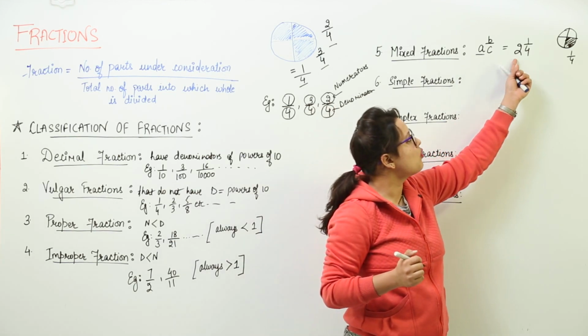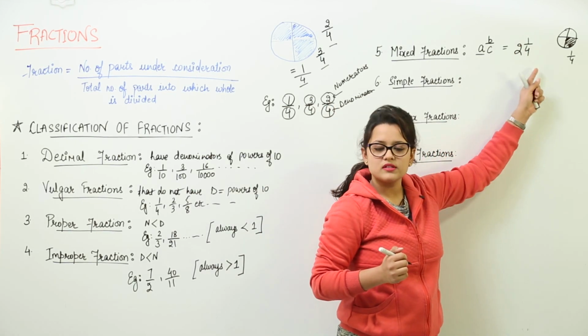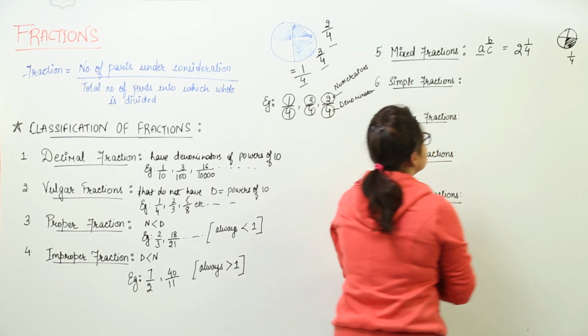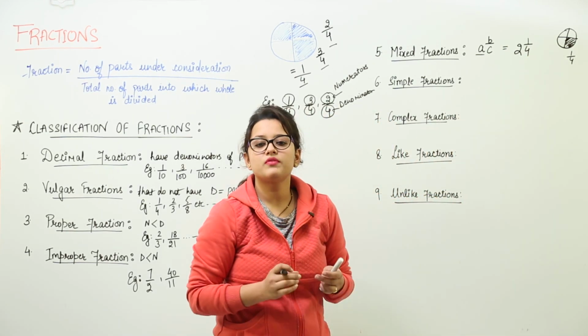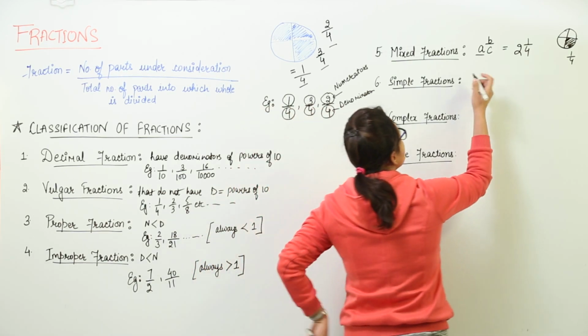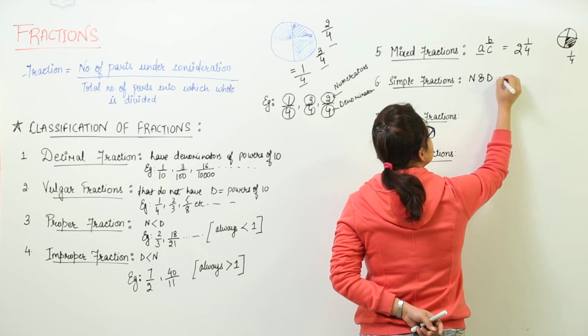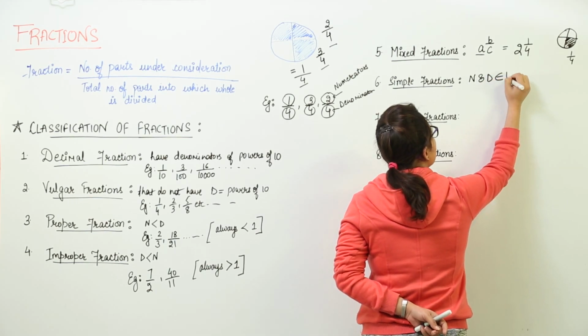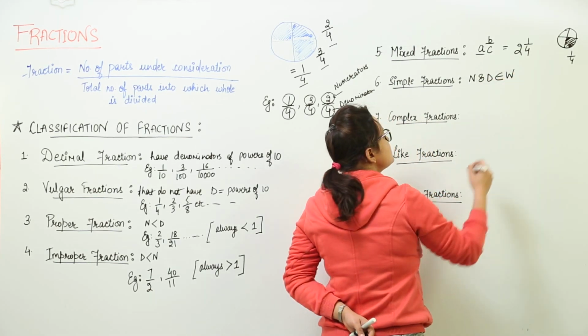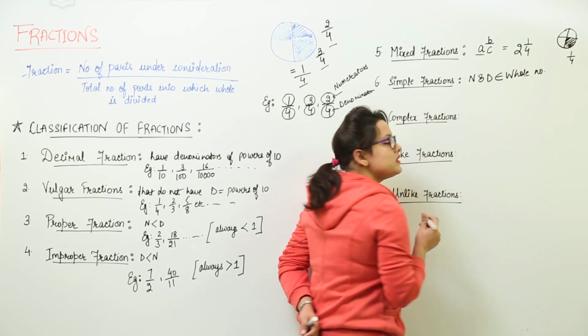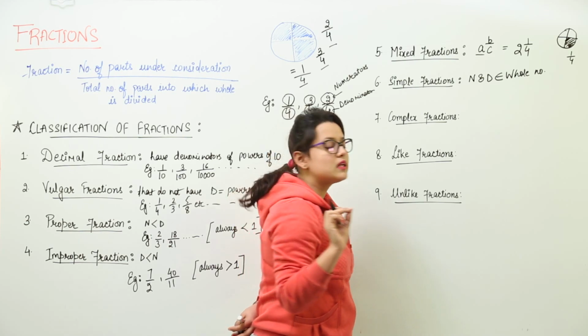Mixed fractions have a whole part and some fraction part also attached to it, right? This was the example for the mixed fraction. Now next we have the simple fractions. For simple fractions, we have the numerators and denominators belonging to whole numbers. That means your numerator and denominator are going to be only whole numbers, nothing else.